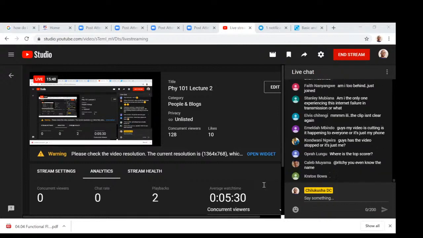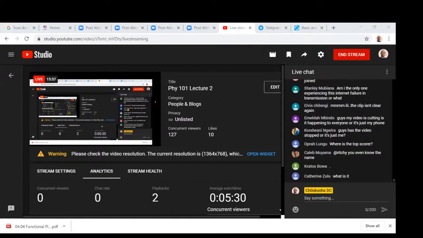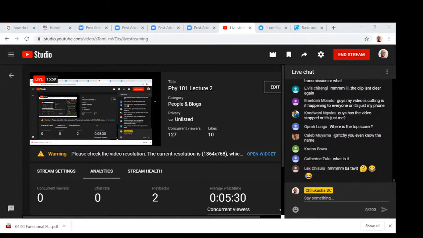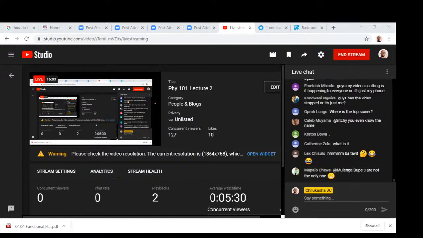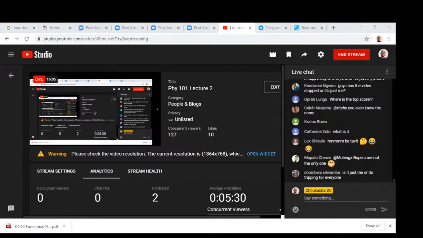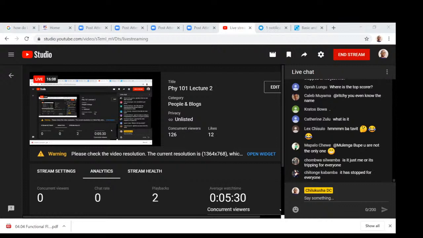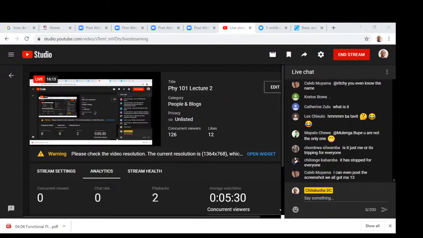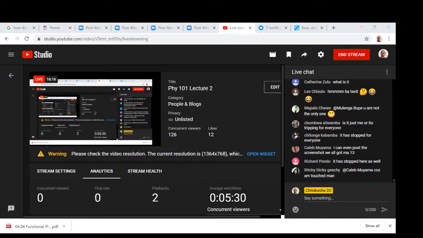Let me give you some examples. For instance, what is the length of a football pitch? You know that it is 100 meters. How can you express this in scientific notation?